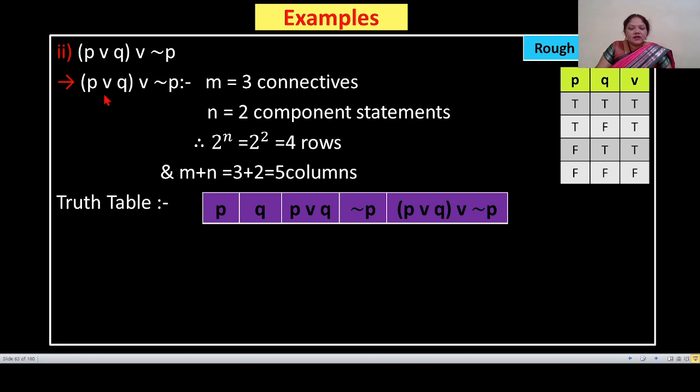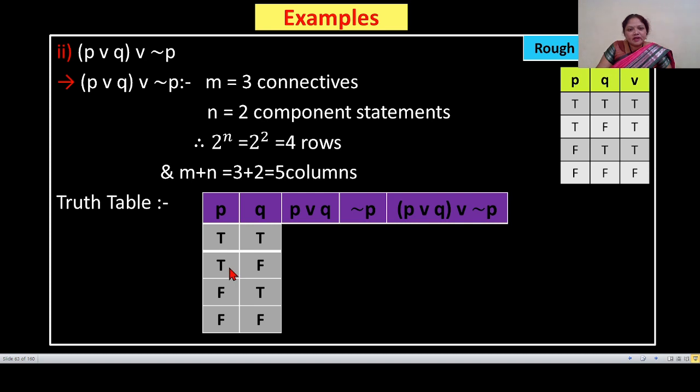The third column is P or Q. Next column negation P, and last column P or Q or negation P. Here two statements are main statements. First, both statements are true. Then first statement is true, second statement is false. Next, first statement is false, second statement is true, or both statements are false.